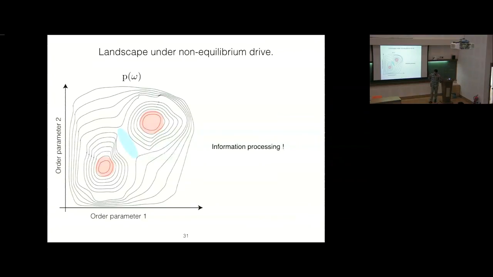I'll talk about how things like dissipation or energy consumption show up in these proofreading models, and I'll try to convey some ideas related to what kinds of steady states show up in these biophysical models, what kind of properties they have, and how the whole thing comes together, how systems can use non-equilibrium forces to sculpt landscapes and achieve desired function.